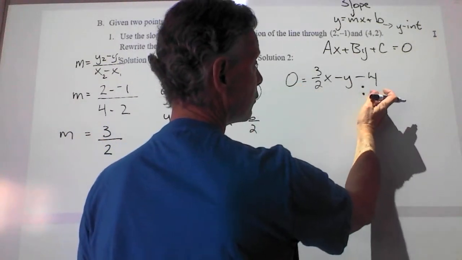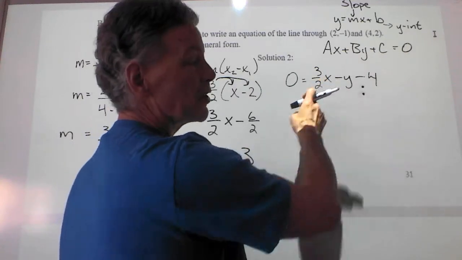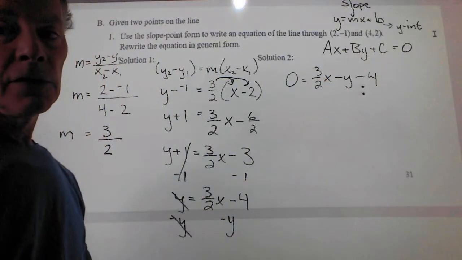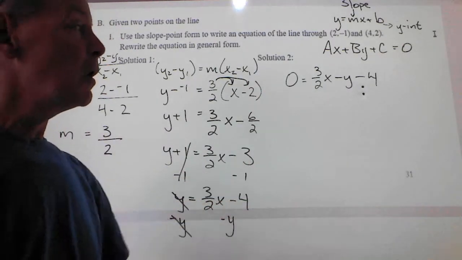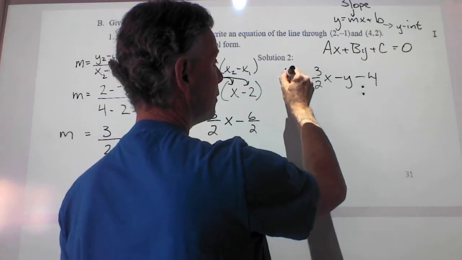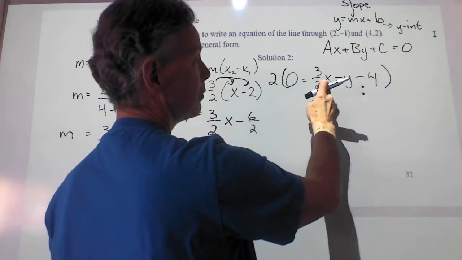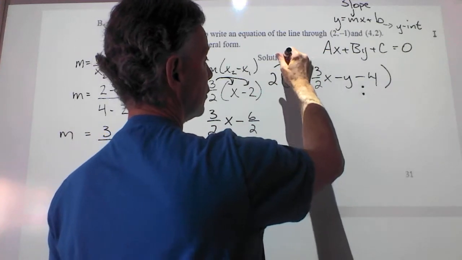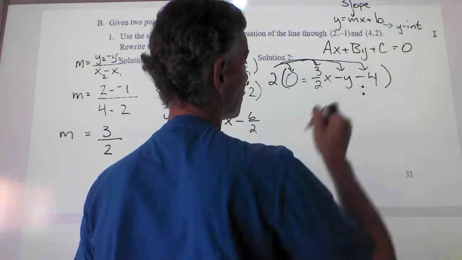Everything's been moved over to one side, so we've done the first part, but we've got a fraction here, and we've got to get rid of that fraction. Okay? It's a positive fraction, so we don't have to multiply by -1. We do, however, have to get rid of that denominator, and remember, to do that, we simply multiply everything through by our denominator. So 2 times 0, 2 times 3/2, 2 times -1, 2 times -4.